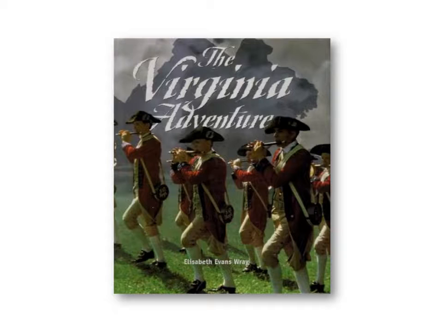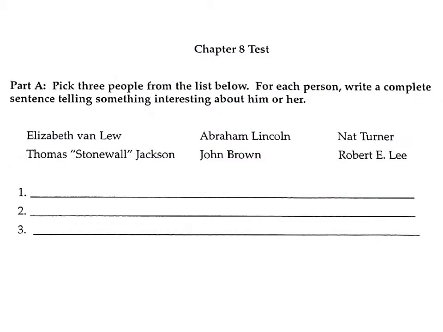If you were to go to the Teaching Resources Center on the campus of beautiful Radford University, you would find this book along with a teacher guide written by the author as well. And in that teacher guide, you would find pre-developed assessments. For example, this is from Chapter 8 of that text. Here you see an opportunity for the students to communicate some information about people who were important in Virginia history.